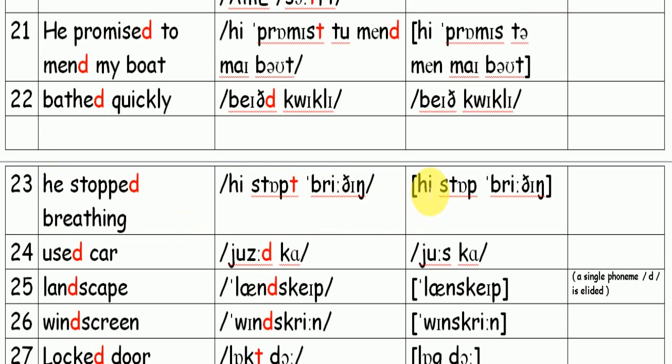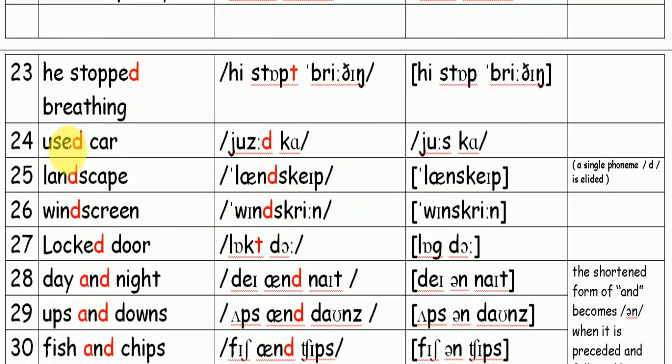And using elision, we say he stopped breathing, without T. Used car, used car. Here we change Z sound into S because it comes before voiceless K. So we have to use a voiceless sound, which is voicing assimilation.